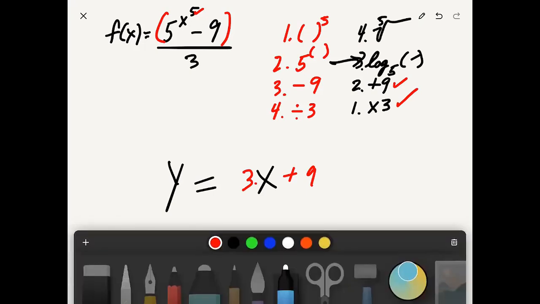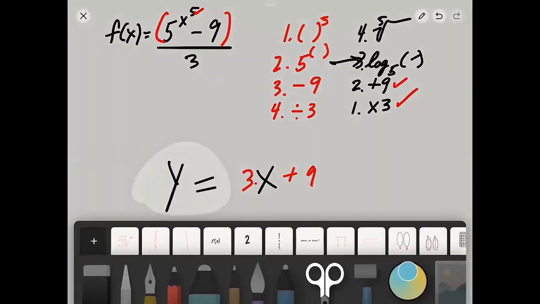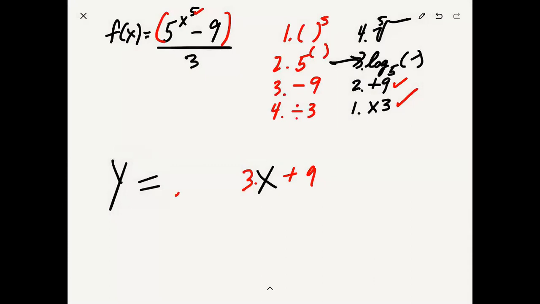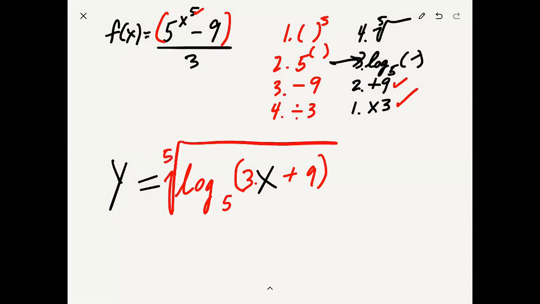So let me create a little space here so I can do that. And then let's keep it moving. So this is going to be a log base 5 of all of this stuff, of that sum. And then we've got to take the 5th root of all of that. So this gets kind of messy, but that's what we're doing. That's what we're looking for.